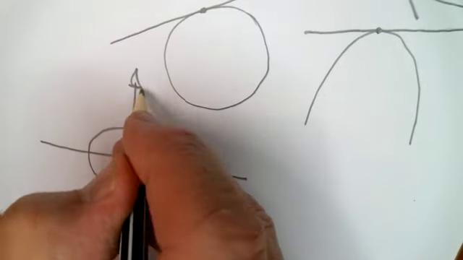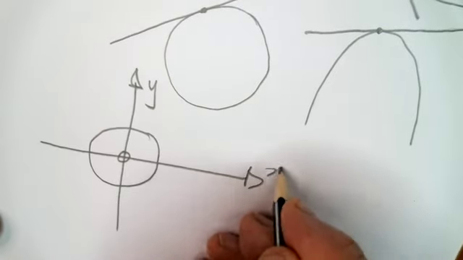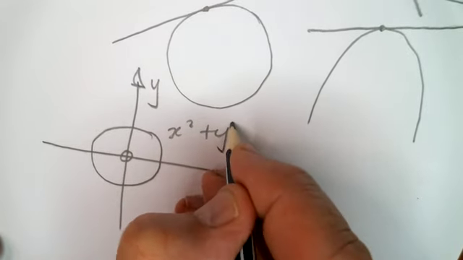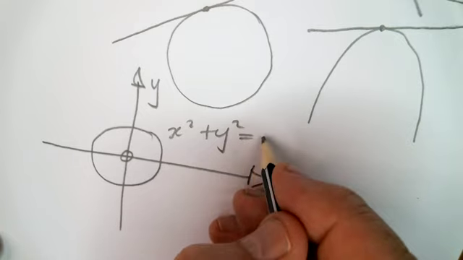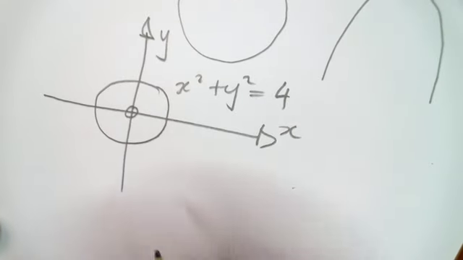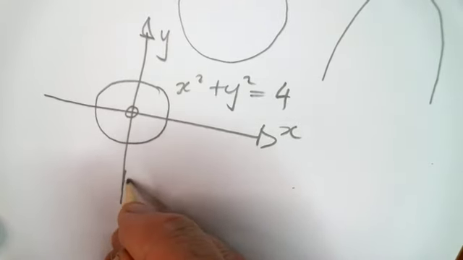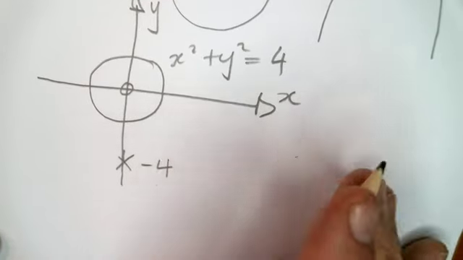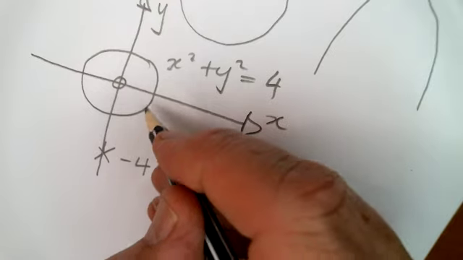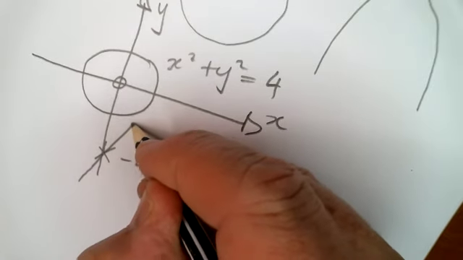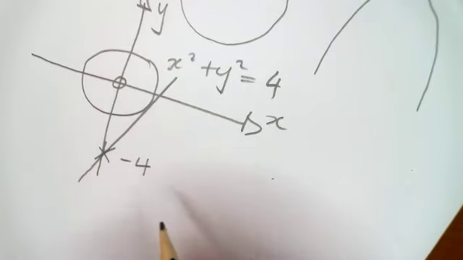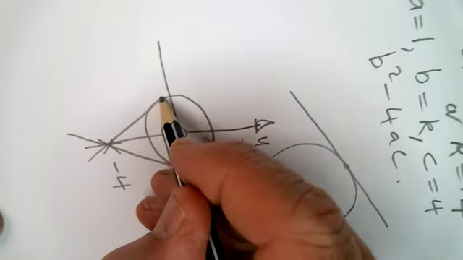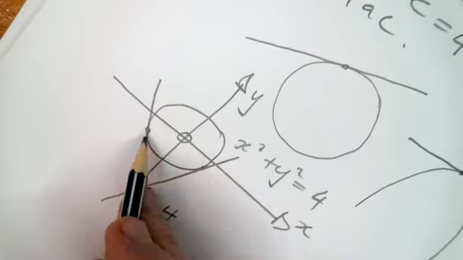Here's my origin, here's y, here's x, and let's say the equation of the circle is x squared plus y squared equals 4. And let's say I've got a line, and the line starts at negative 4. And I'm wanting to find out what are the possible places where this could touch that curve at one point. Of course, it can touch over here, but it could touch over there as well.